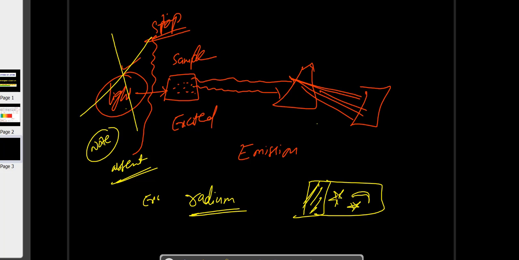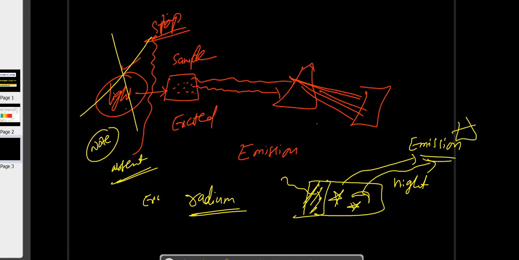This radium absorbs light, and then in the dark, at night time, in the absence of light, it is emitting light. This light is called emission light. This emission light, if you send through the prism, whatever we are getting on the plate is the emission spectrum. Is it clear? Emission spectrum.